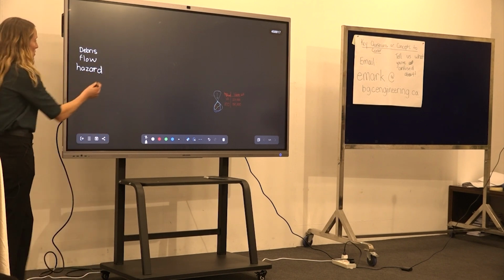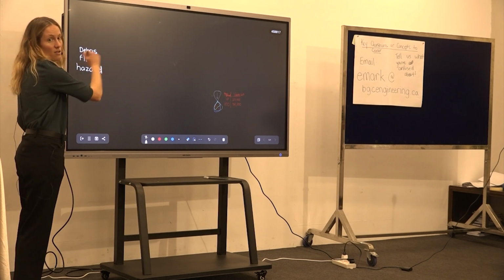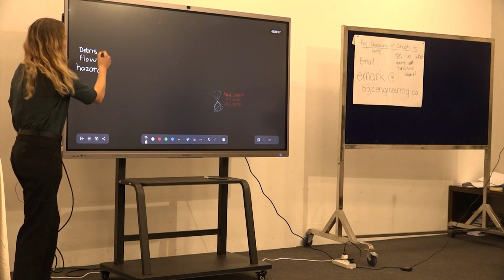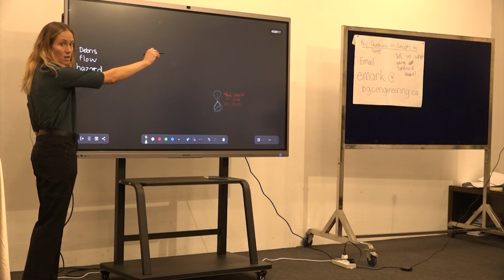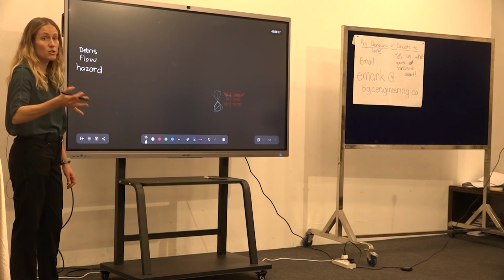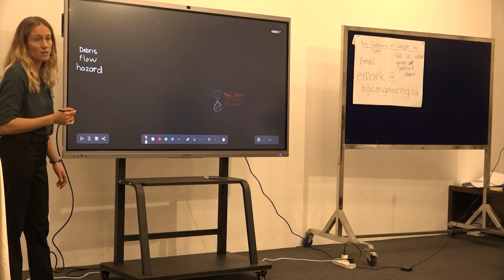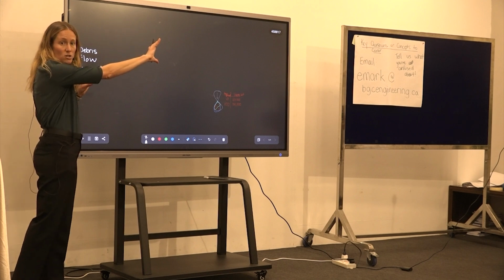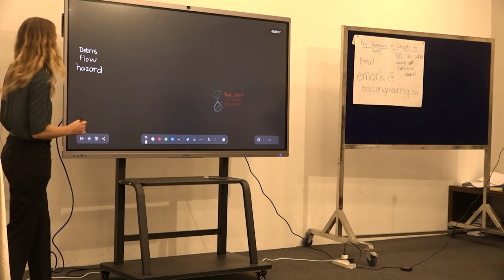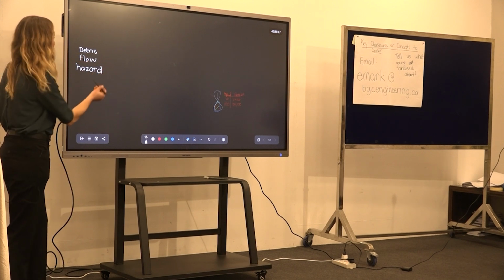And then this hazard exists, and there are different scenarios that could happen. I'm going to start by mapping out one of the branches of the event tree, and then the question to you and your groups is to build out more of the event tree. So I'm going to show you what one branch looks like, and then you're going to try building out some of the other ones. So we have a site with a community with a debris flow hazard.